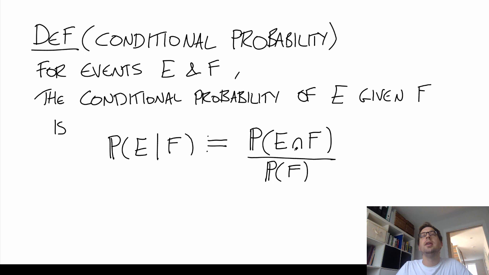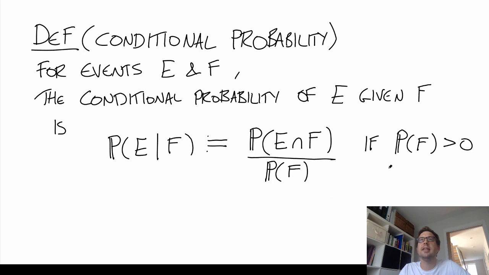And notice we're saying that if we look at all of the times that F has occurred, then within those, what fraction of the time did E also occur? So that's what this is representing. One thing to notice is that sometimes probabilities can be equal to 0. So this definition is only going to be valid if the probability of F is positive.